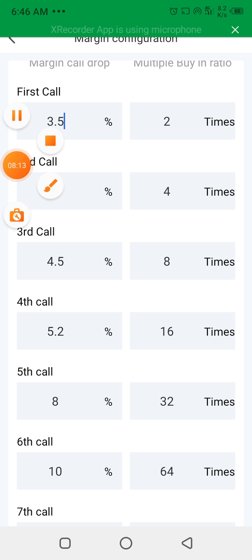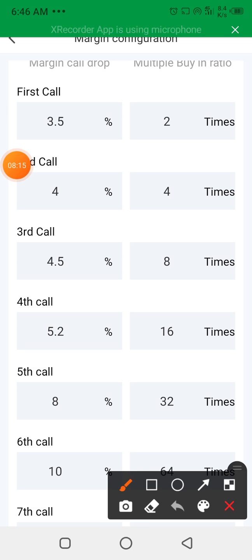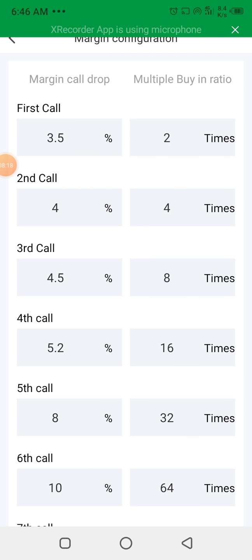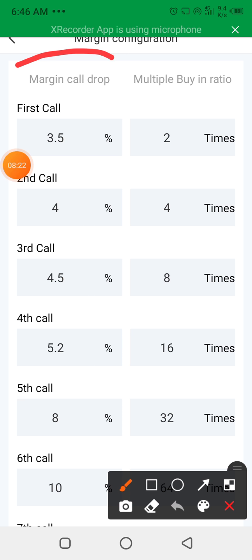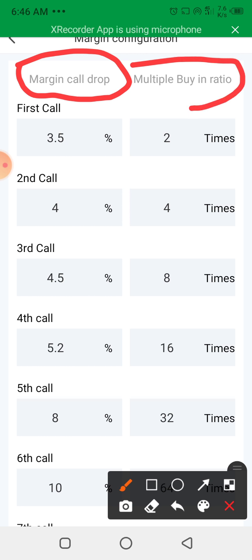So what does this place tell us? We are looking at margin call drop, the first column, and the multiple buy-in ratio, the second column. Now let's take the rows one after the other.